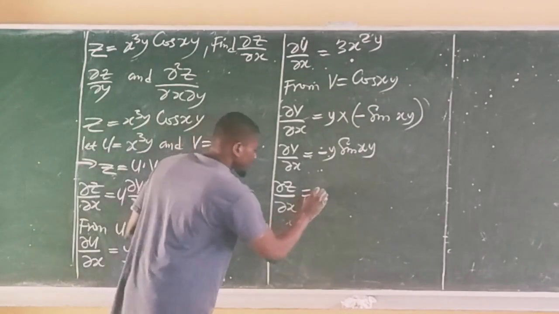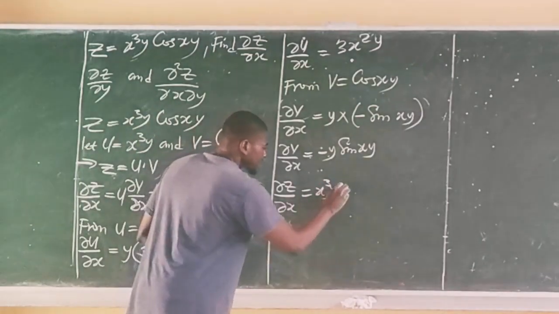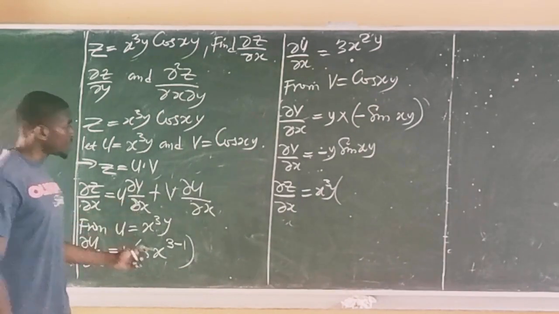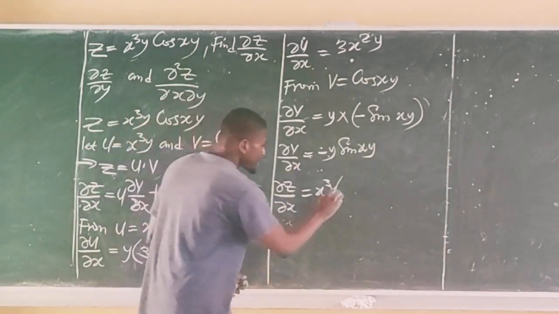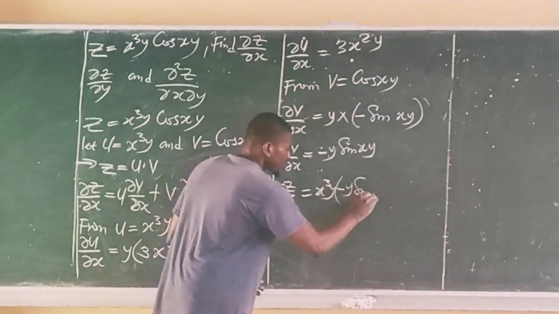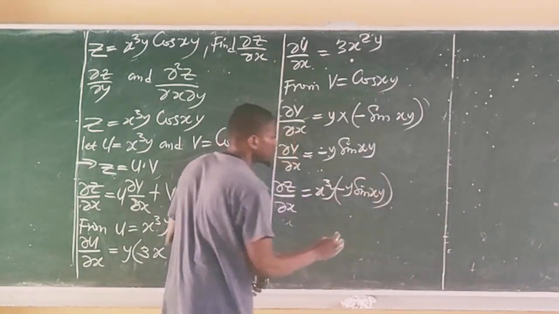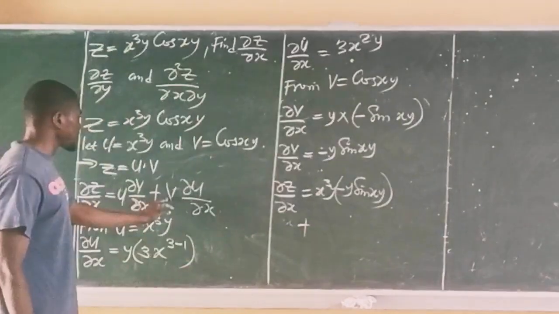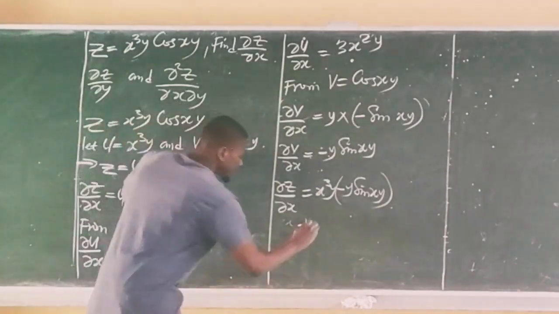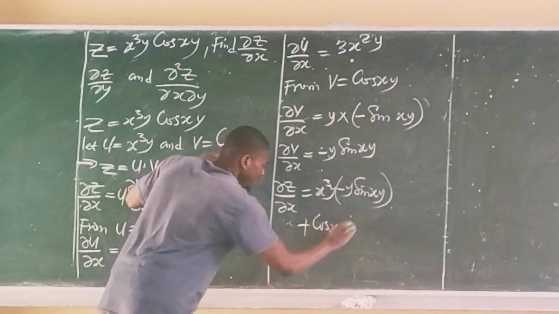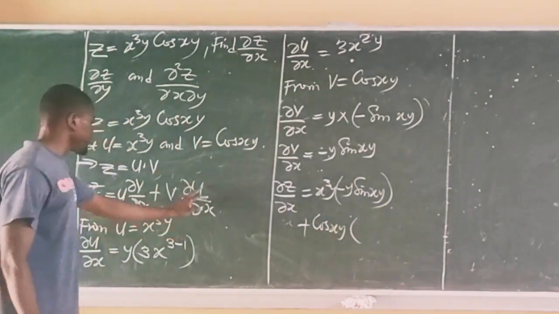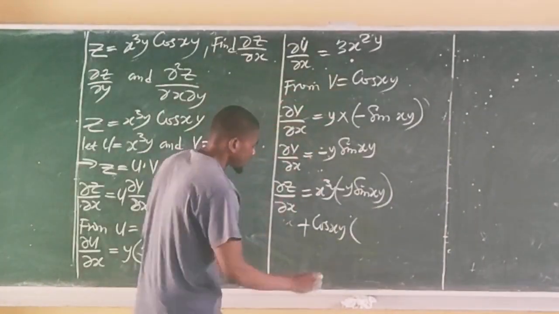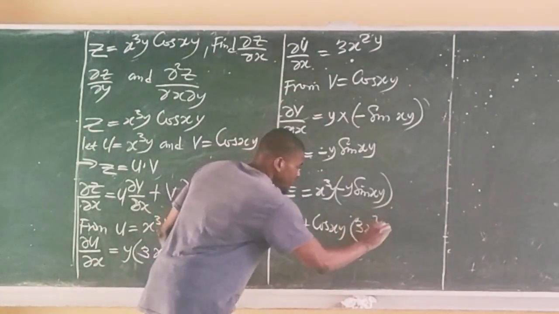So I have x cubed y times the partial derivative of v with respect to x, which gives us minus y sine xy, plus, now you keep v constant. V is cos xy, so I have cos xy times the partial derivative of u with respect to x, which gives us 3x squared y.